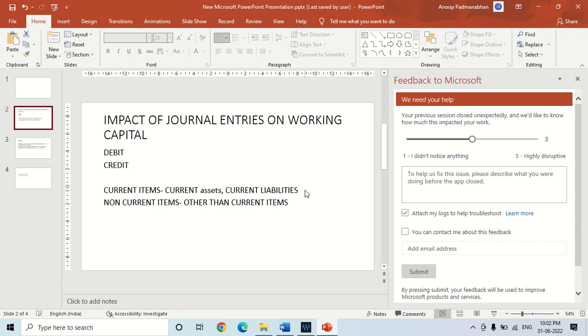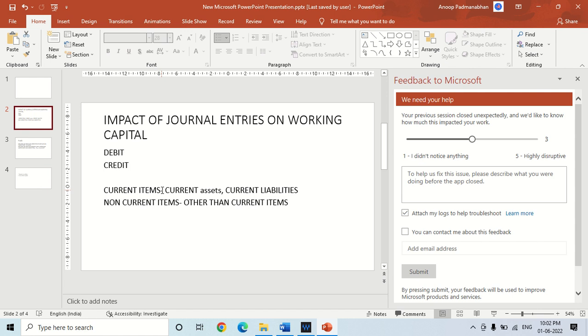So when we write the journal entry, sometimes our credit will include current assets or current liabilities, or sometimes the debit will include current assets or current liabilities. In such a case, we will call that item of debit or credit a current item.